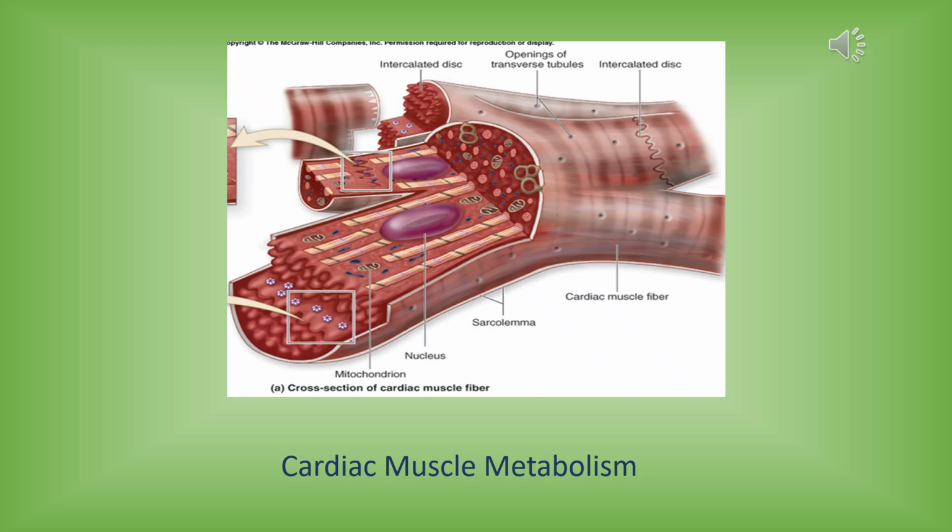If there is a blockage, then those cells do not get the oxygen they need. If they don't get the oxygen they need, they ferment. If they ferment, they generate lactic acid. If that happens, the chest starts hurting. That's angina pectoris. And what they say in clinical talk is time is muscle.